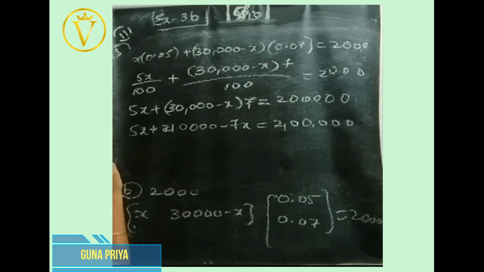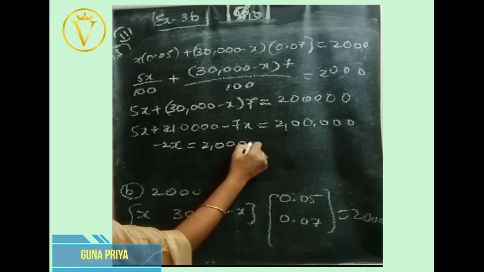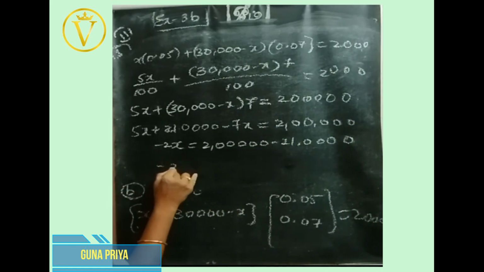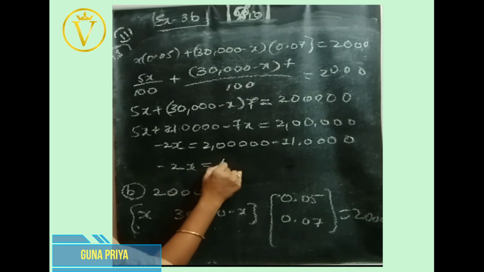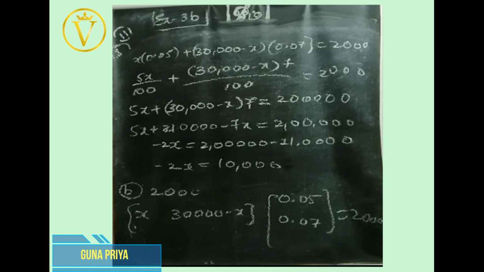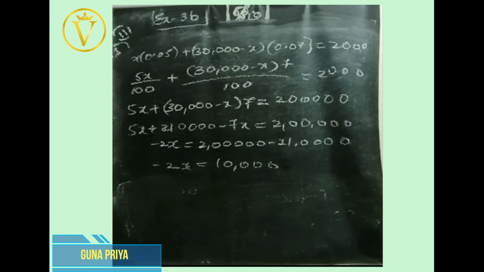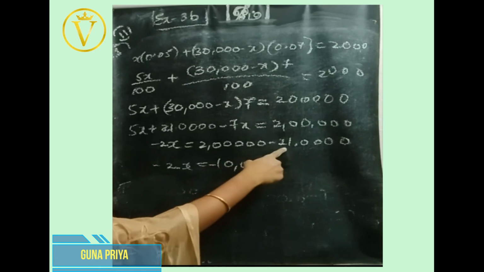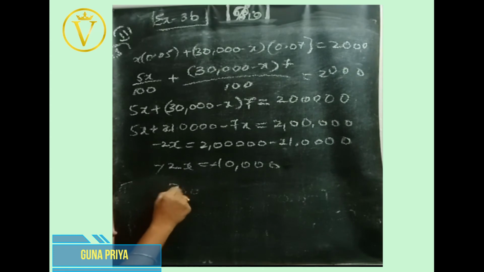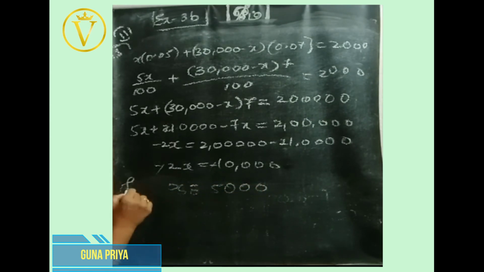Okay. 5x minus 7x means minus 2x equals minus 10,000. So here I will rub it, we get minus. Why? Because the bigger value contains the minus symbol, so minus minus will get cancelled. x equals 5,000. This is our first bond.